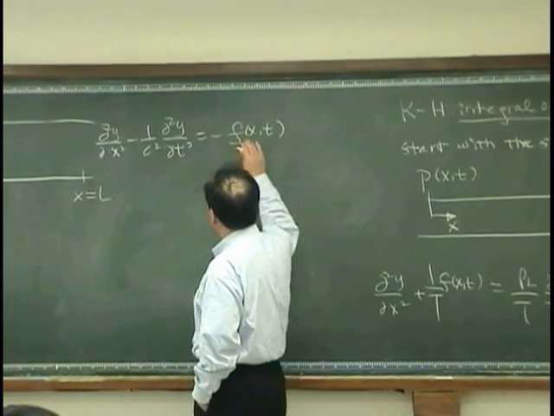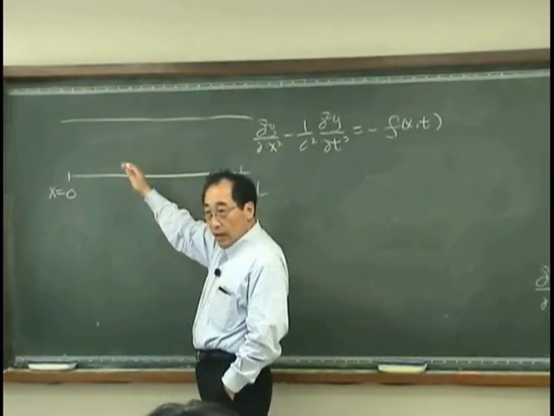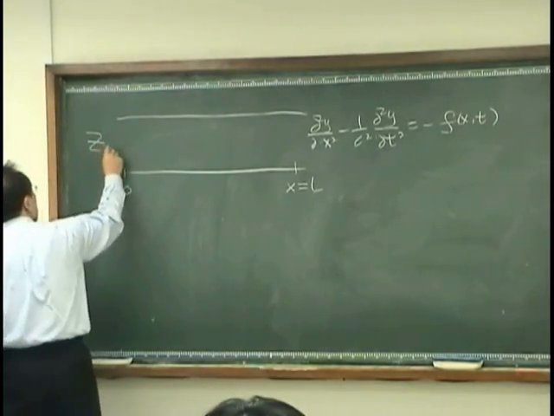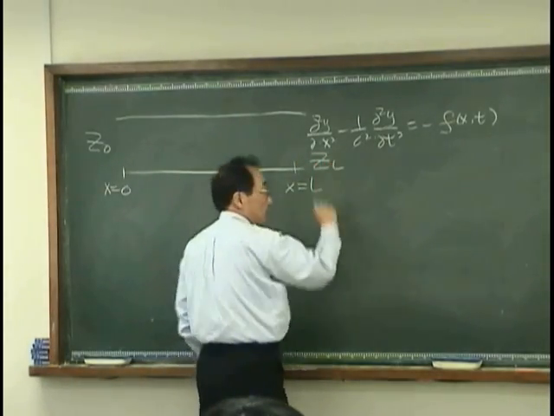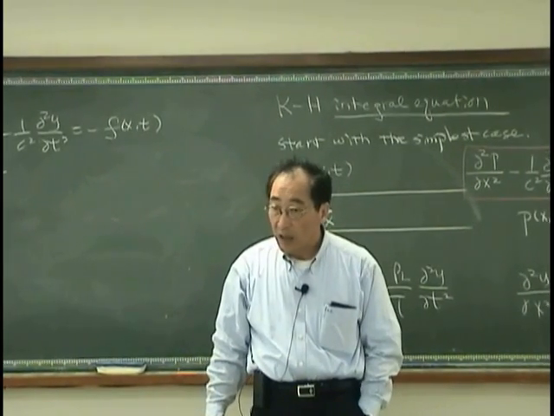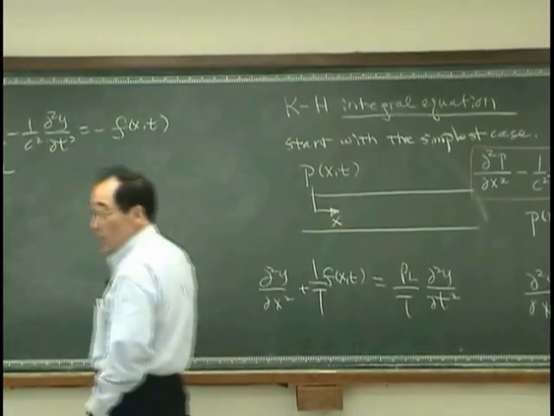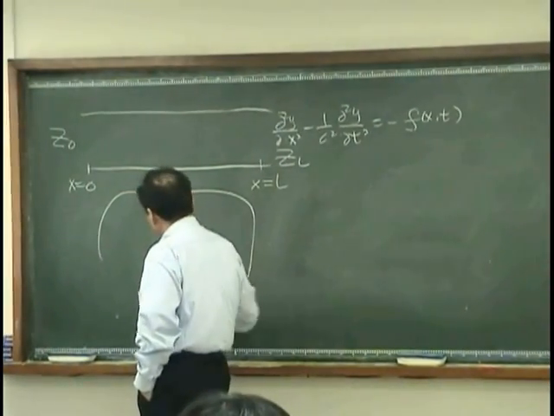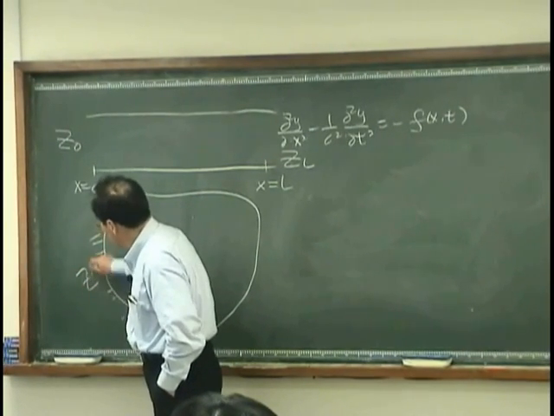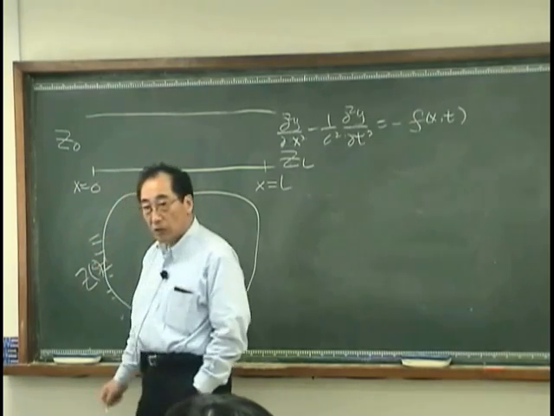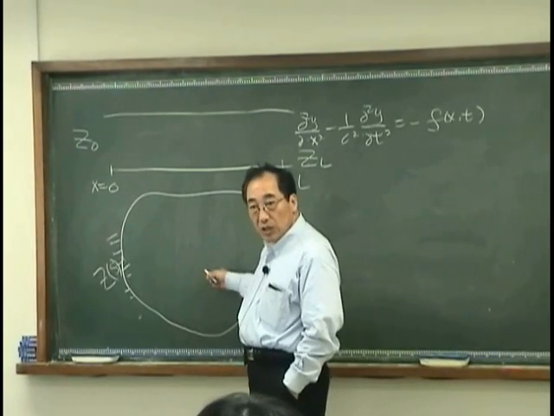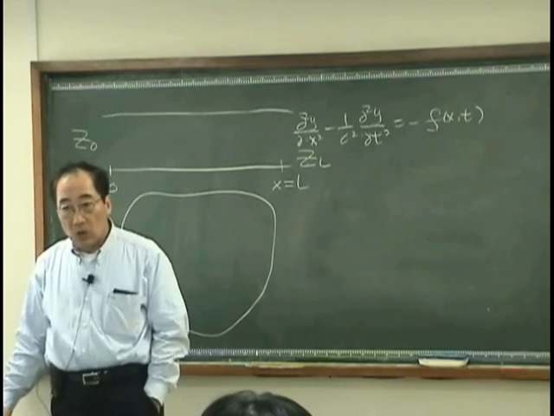But what if there is some excitation and I want to find the solution between x equals 0 and x equals L? For example, that one has impedance Z0 at x equals 0, and ZL at x equals L. Maybe I will extend this concept. I want to find the solution that satisfies the boundary condition over here, that is S. So the boundary condition is different along this surface, and I want to find the solution inside this enclosed volume.